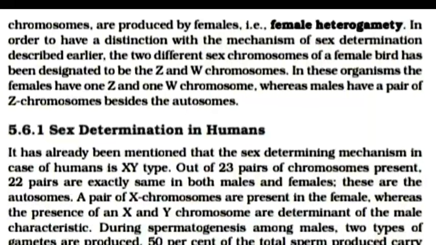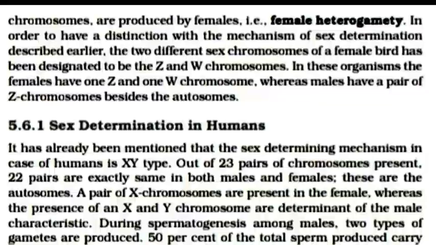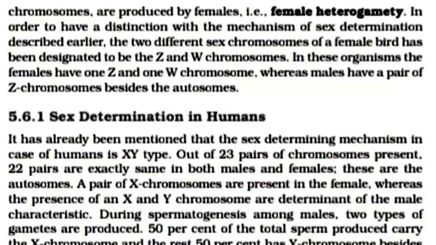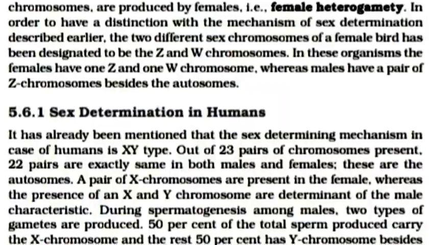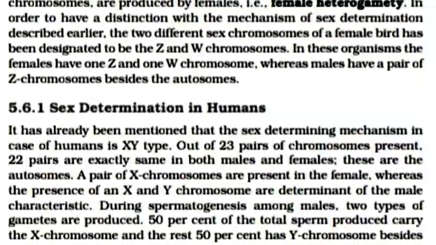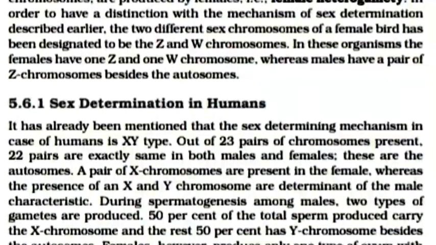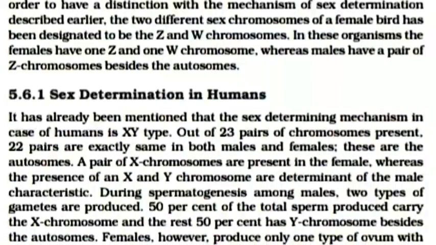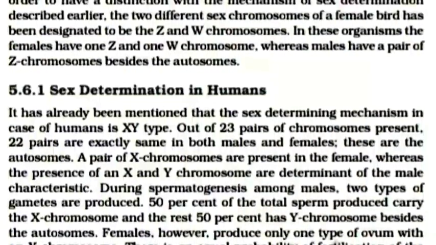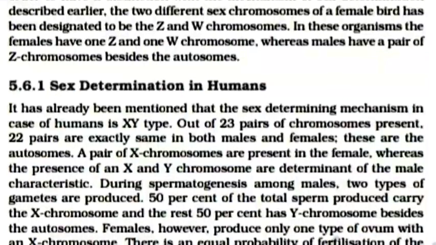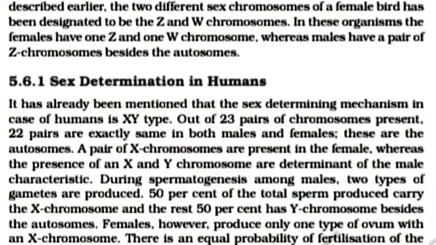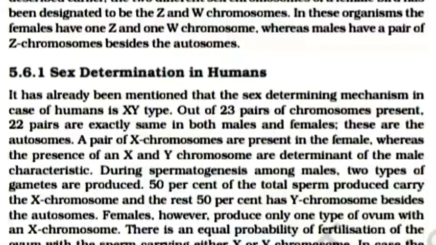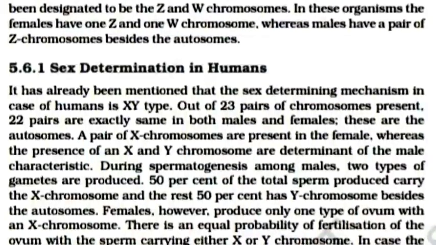That is, female heterogamety. To distinguish it from the mechanism described earlier, the two different sex chromosomes of a female bird are designated the Z and W chromosomes. In this organism, the female has one Z and one W chromosome, whereas the male has a pair of Z chromosomes besides the autosomes.